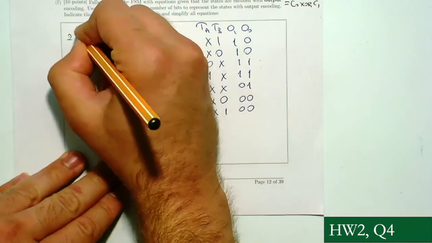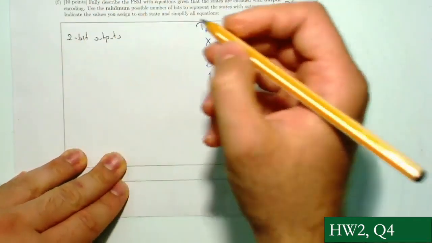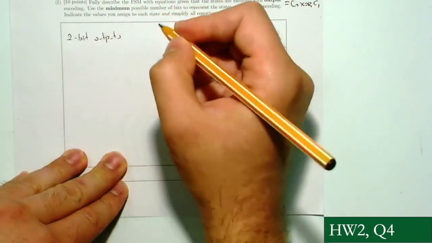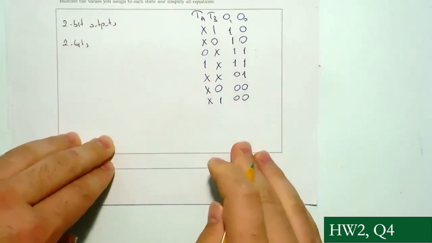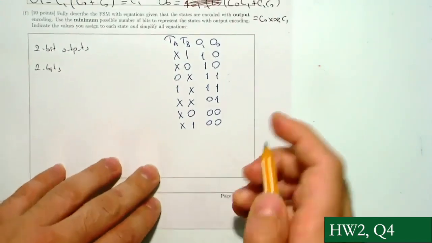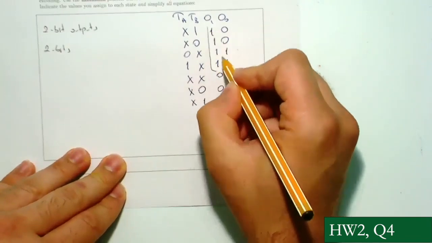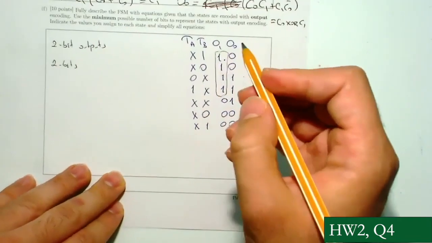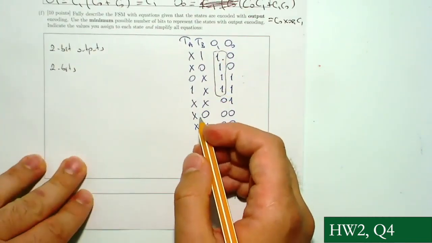So I have 2-bit outputs, and for the states I can use, let's say, at least 2 bits. What I want to ensure is that when O1 is 1, then O1 is determined exactly, hopefully, by 1 bit.